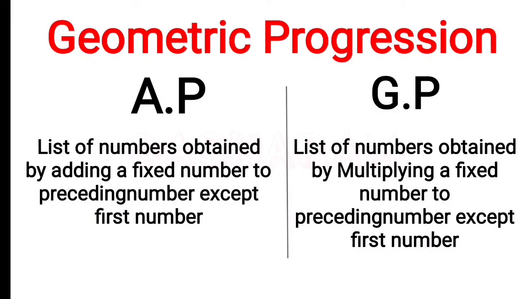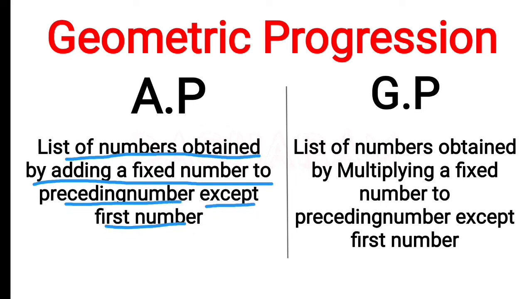Dear students, let's start the new topic, that is geometric progression. So, what is the difference between arithmetic progression and geometric progression? The arithmetic progression definition: a list of numbers obtained by adding a fixed number to the preceding number, except the first number.